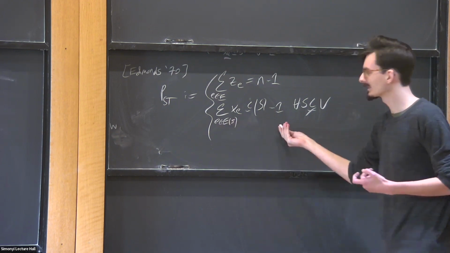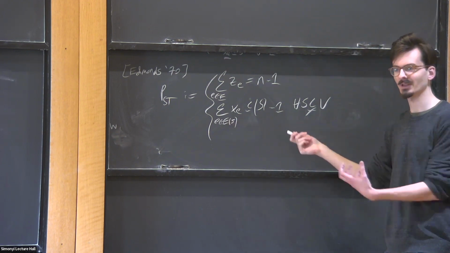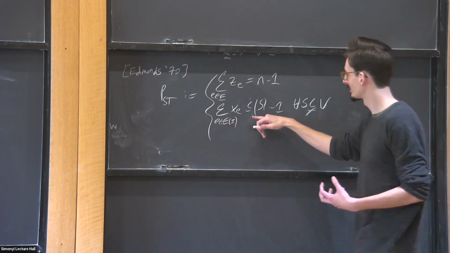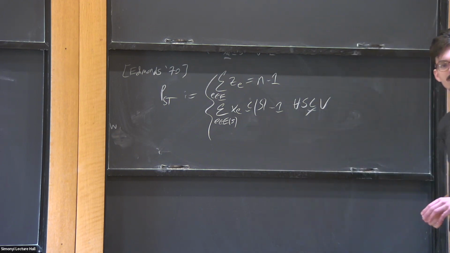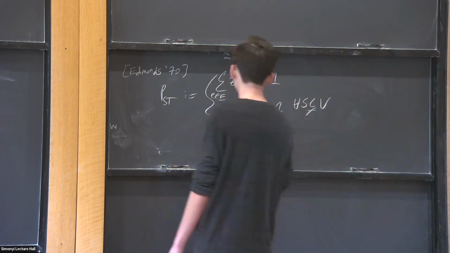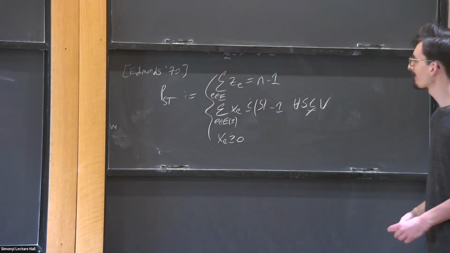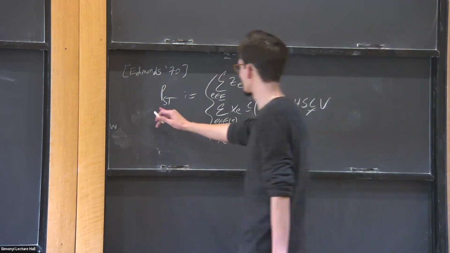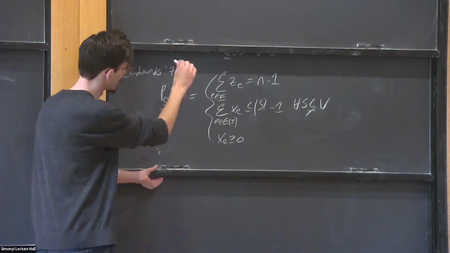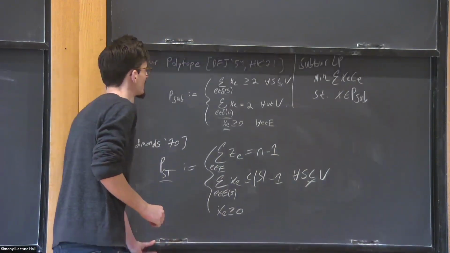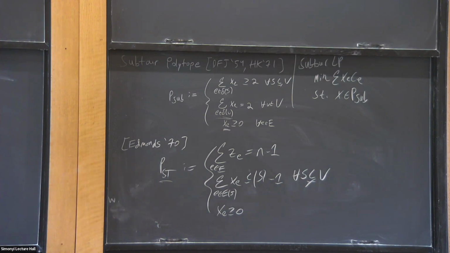And this is like saying that the graph should be acyclic, right? Because if I had a cycle, that would be a set with the size of S edges inside of it. And then, of course, this should be non-negative. Okay, so this is different than the other polytope because it has integral vertices.